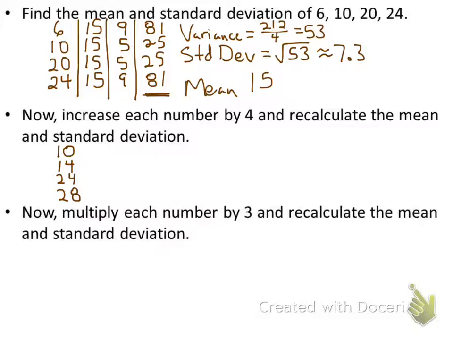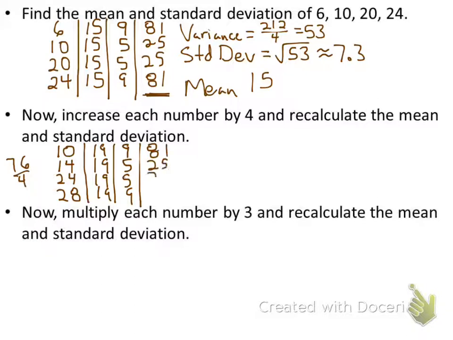If I add those all together, it comes out to be, well, let's just add it here. We get 6, carry the 1, looks like a 76. So that divided by 4 comes out to be 19. Okay, we find the difference, 9, 5, 5, 9. We square it, 81, 25, 25, 81.